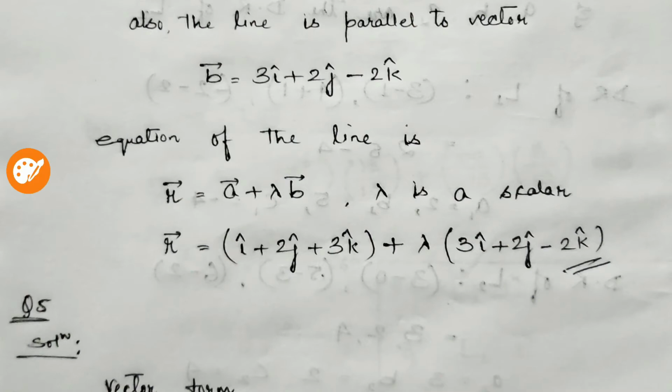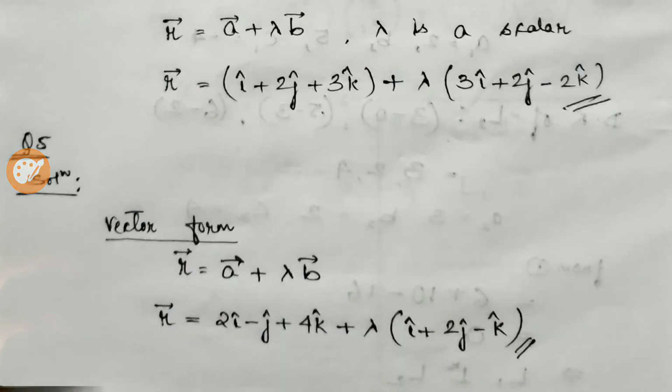Now question number 5. Question number 5 says, find the equation of the line in vector and in Cartesian form that passes through the point with position vector and in the direction of this. Okay, now they are saying it passes through the point with position vector.